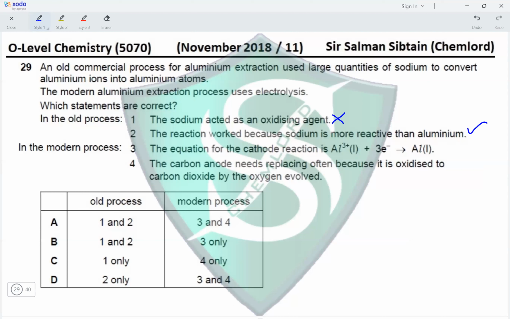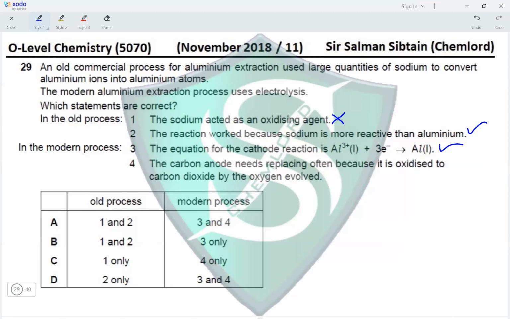The equation for the cathode reaction is Al3+ + 3 electrons gives Al. Yes, this is the modern process. This is true. A cathode is where reduction takes place and aluminum ions are reduced to aluminum metal.